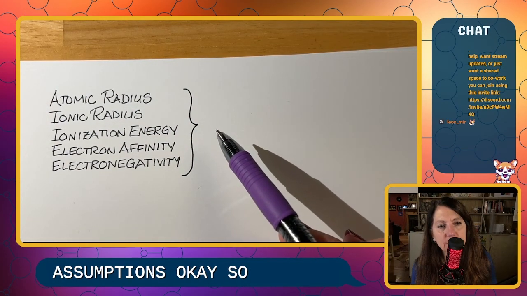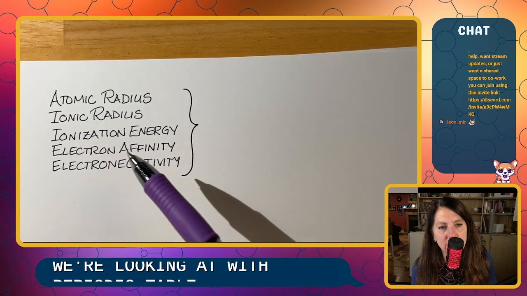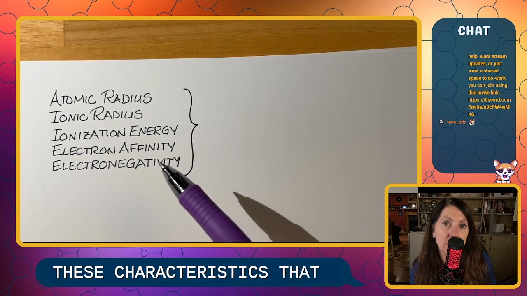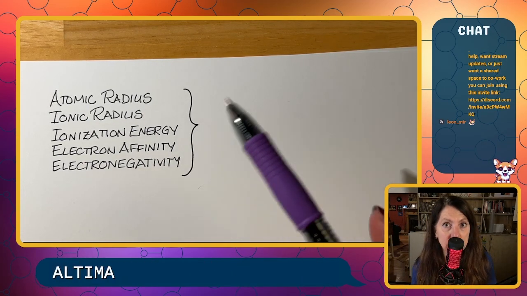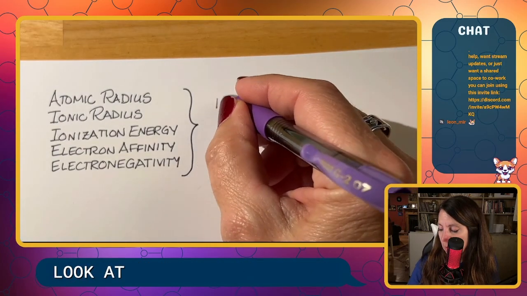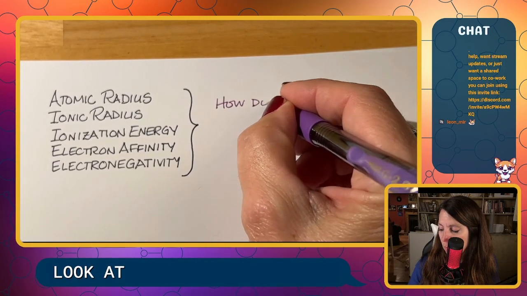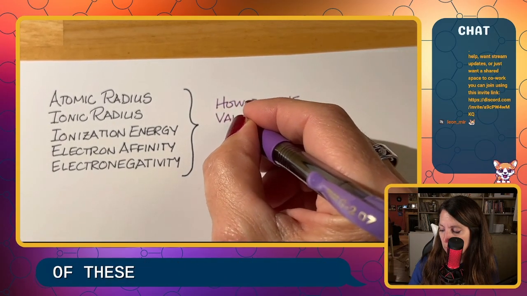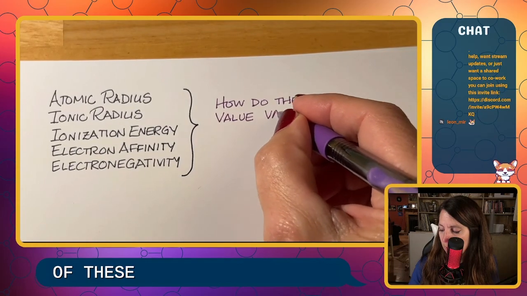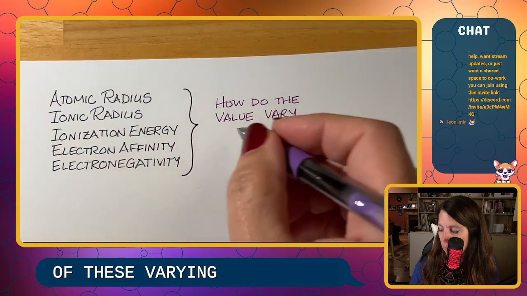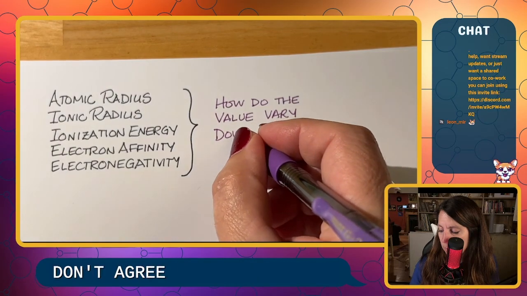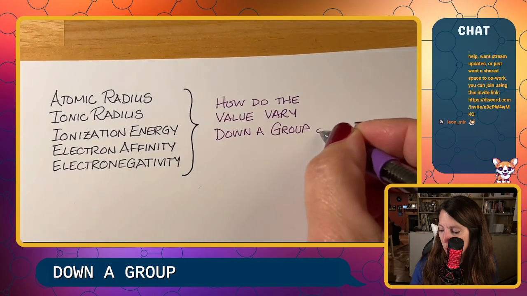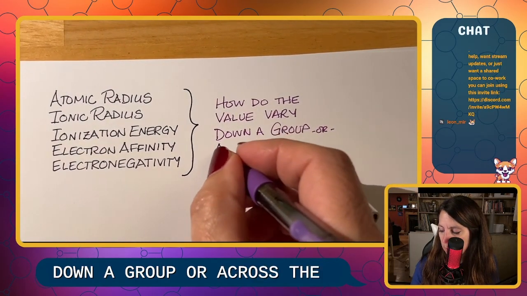So, what we're looking at with periodic trends, we have all these possible things, these characteristics that are important to discuss. And ultimately, we want to look at how do the values of each of these vary either down a group or across the period.